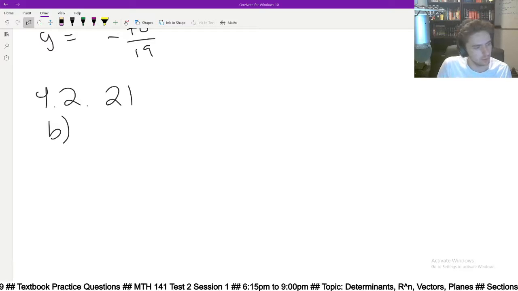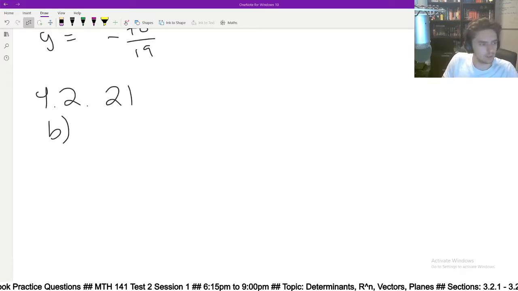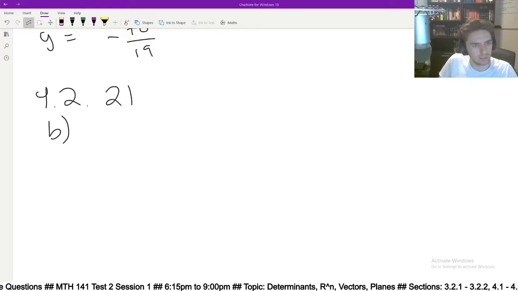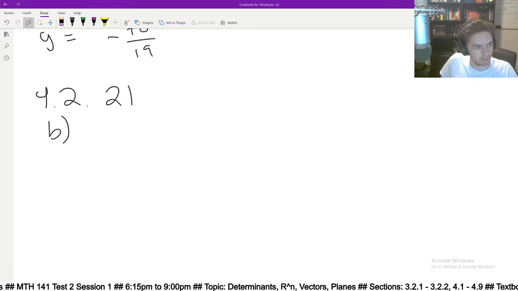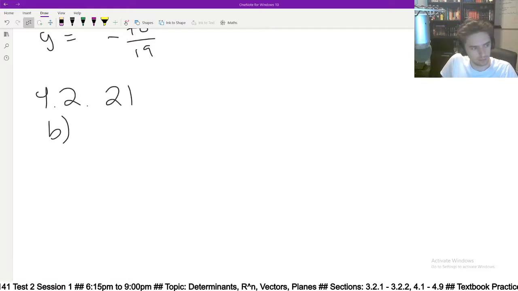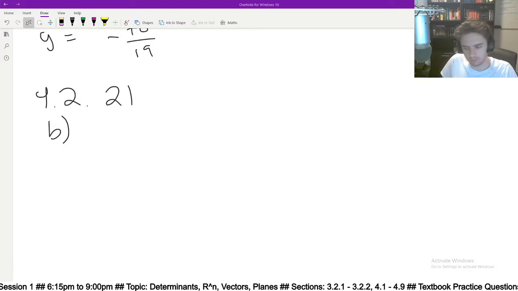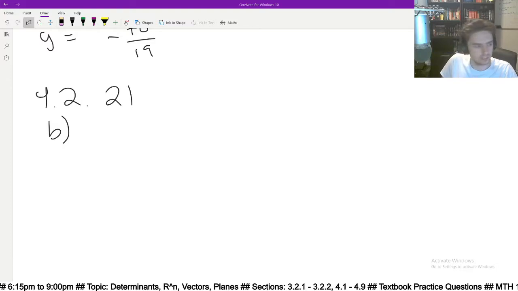So 4.2.21b is: find the equations of all planes that follow this condition.